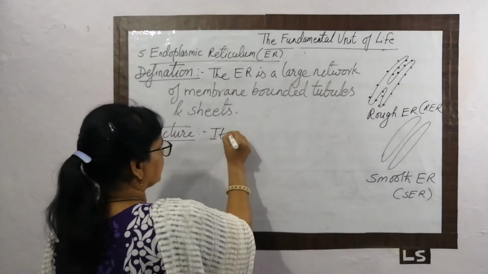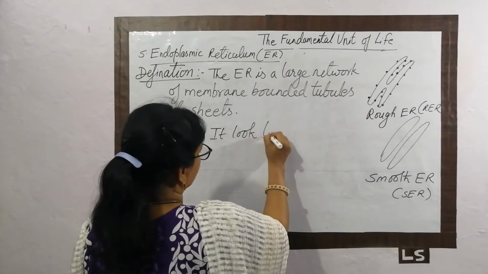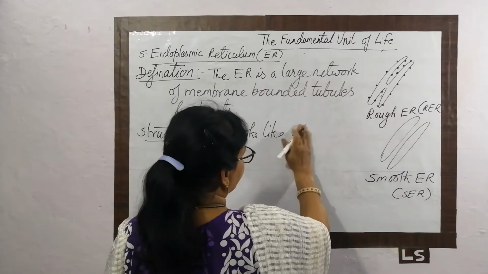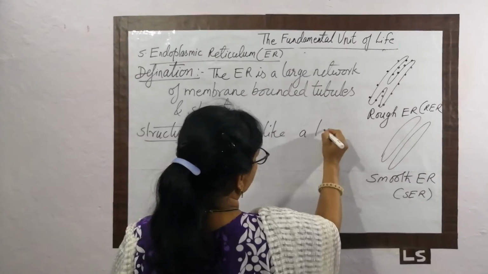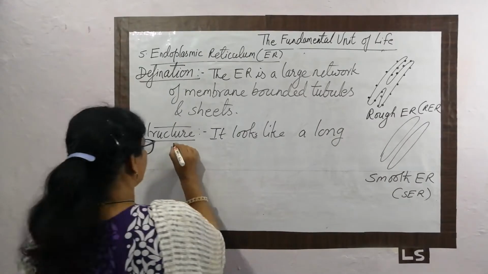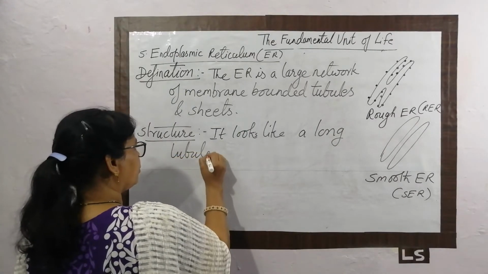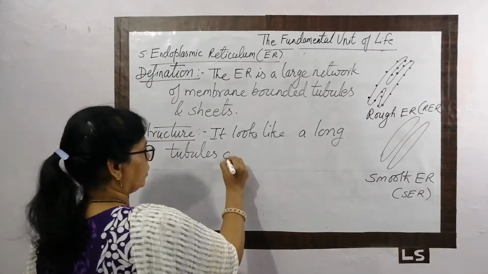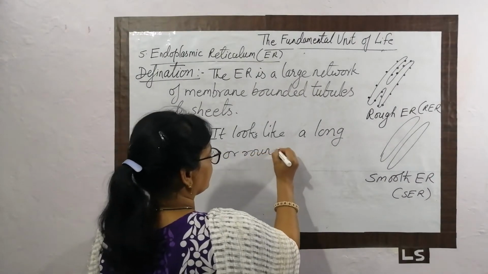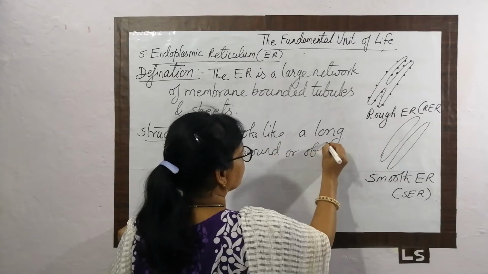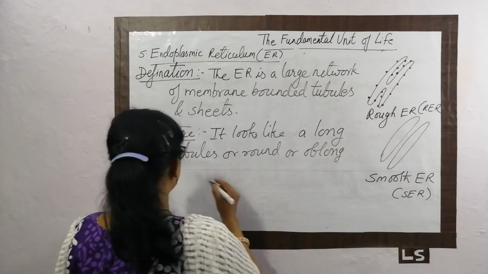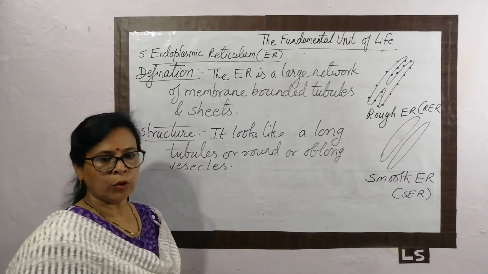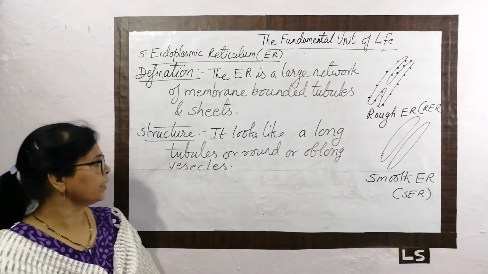It looks like long tubules. Tubules means tube-like. Tube is the pipe-like, long tubules, or round or oblong vesicle. Okay, so this is the endoplasmic reticulum.